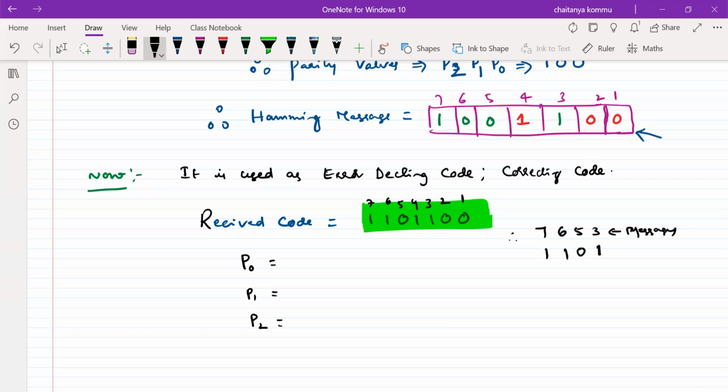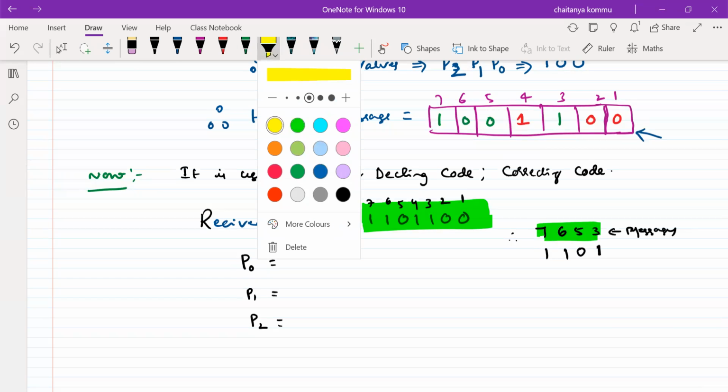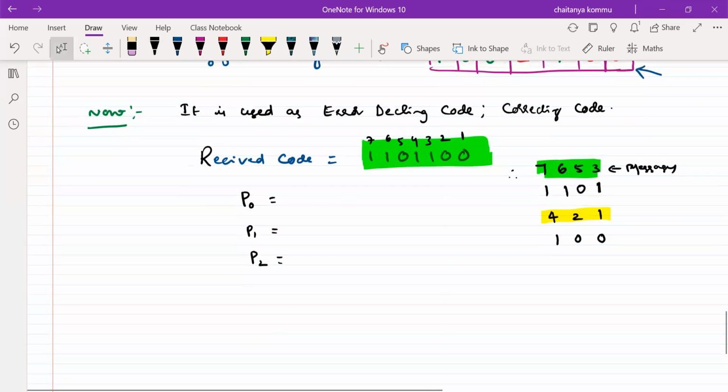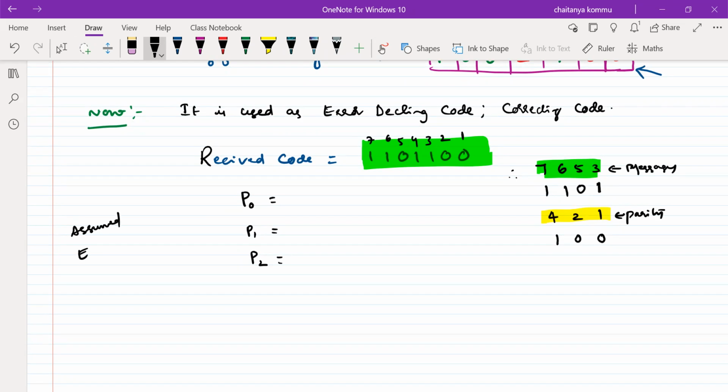Next, the parity positions are 4, 2, 1, and the information there is 1, 0, 0. This is the parity information. As I mentioned, the sender says it is sending even parity information, assumed even parity.